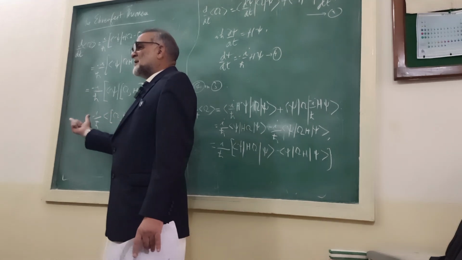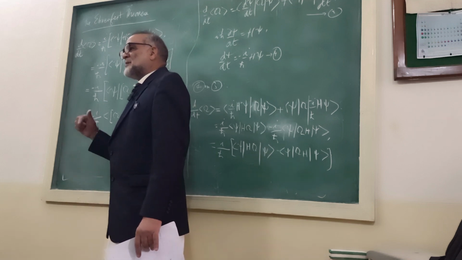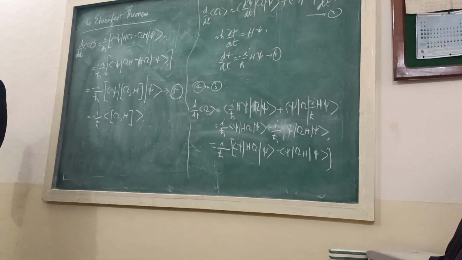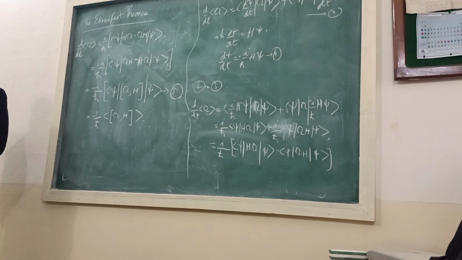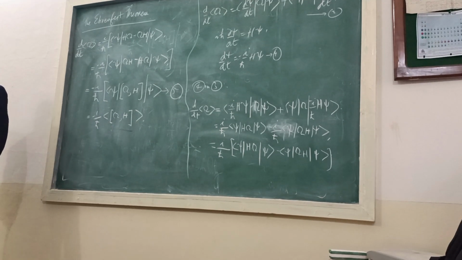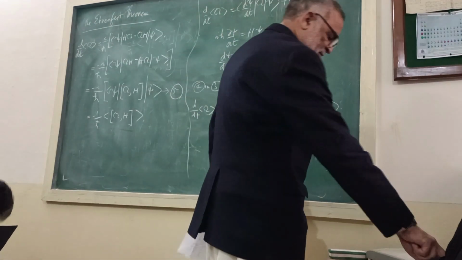It means omega is equal to a constant. So any observable which commutes with the Hamiltonian will be a constant of motion. That will not change with time.